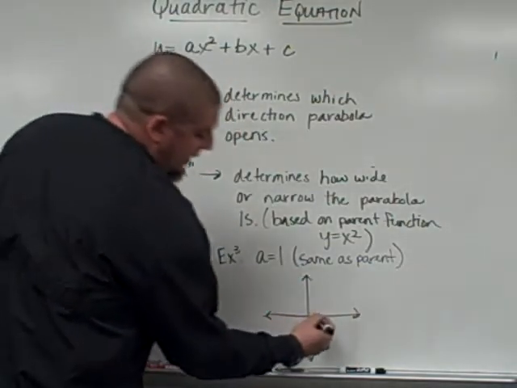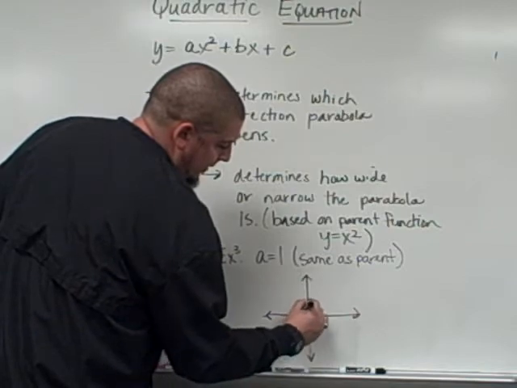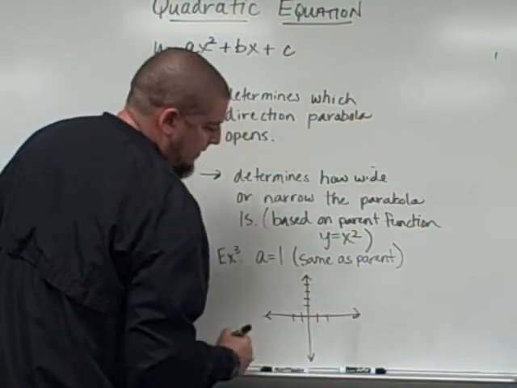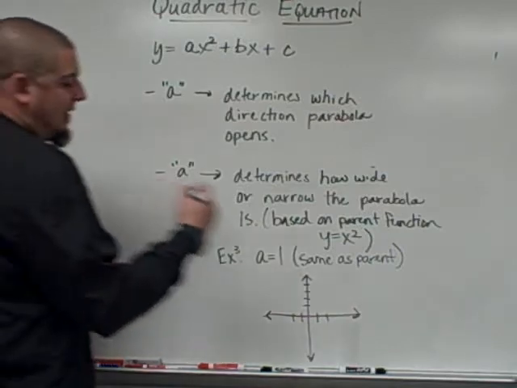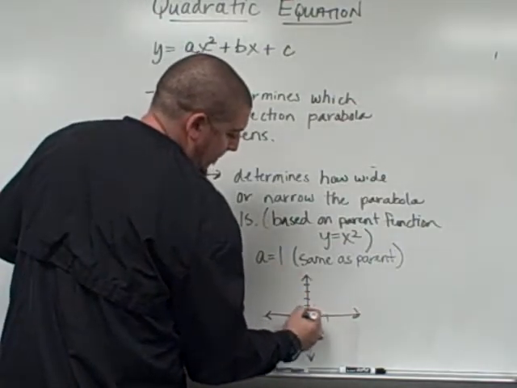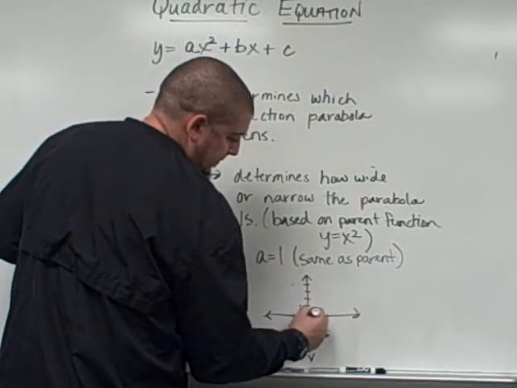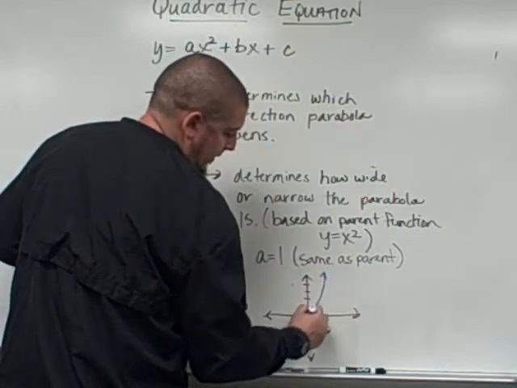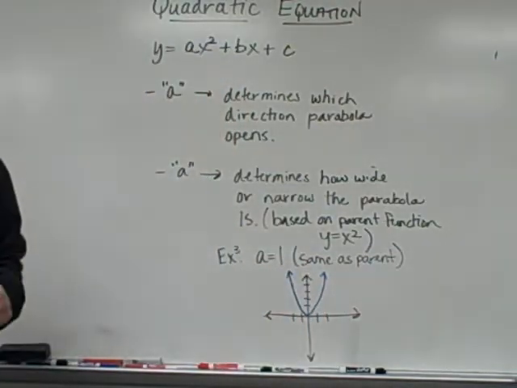The parent function, and I'm actually going to put tick marks on here. The parent function is going to look like this, about right here. So let's say that's the parent function.